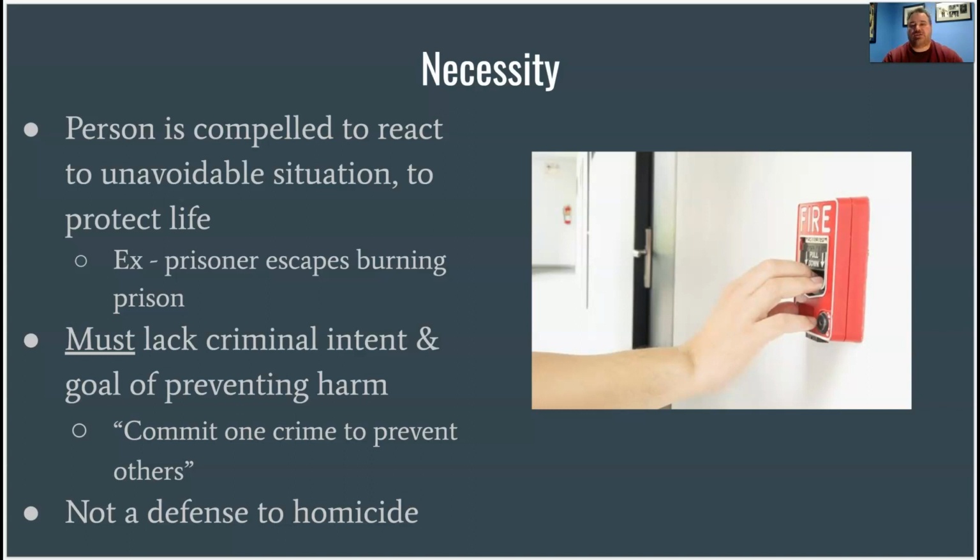So, for example, a prisoner is in a prison that catches on fire. And so the prisoner has the opportunity to flee the building because it's burning down. And if they stay in the building, they could conceivably die. So they remove themselves from the building.